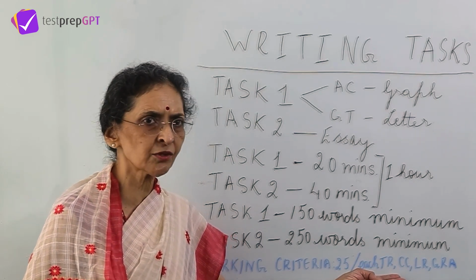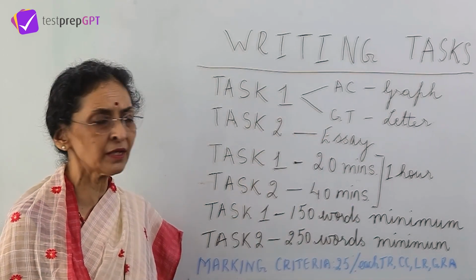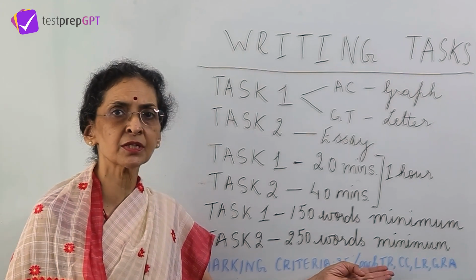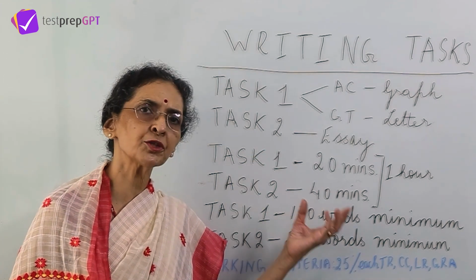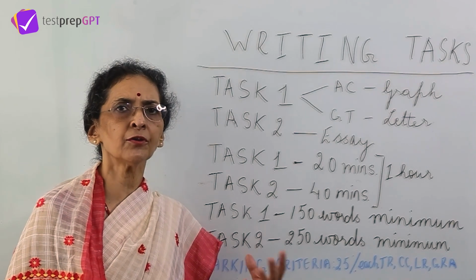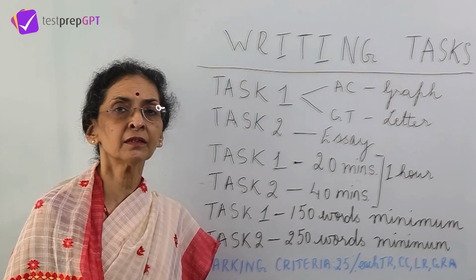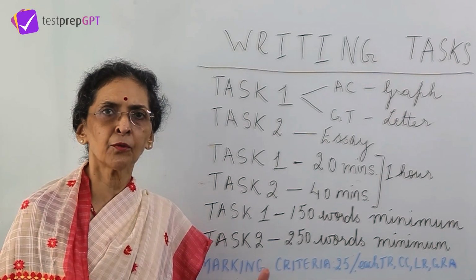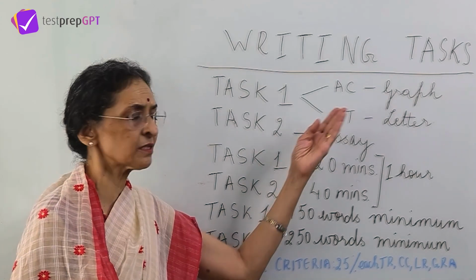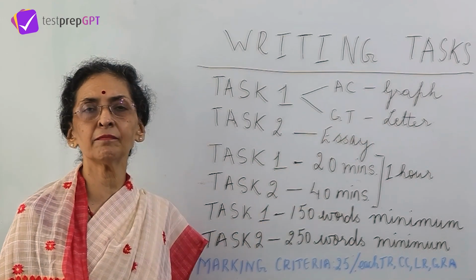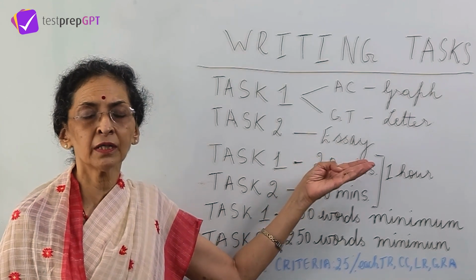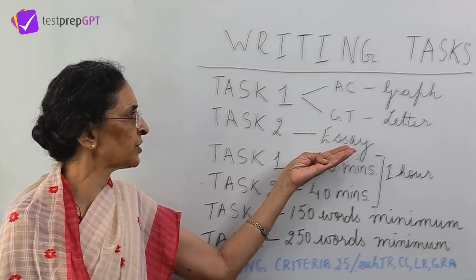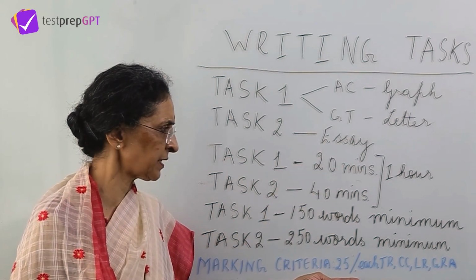TR means the task response in task 2, and TA, which is task achievement, for task 1. That means how you respond to the topic, how you are able to address the areas pointed out in the topic, whether it is a graph or the requirements that are given in bulleted points for the letter or the points that are mentioned in the rubric for the essay.